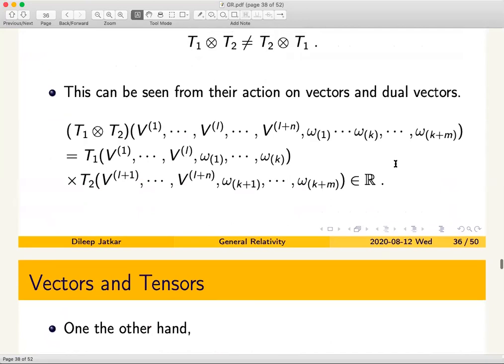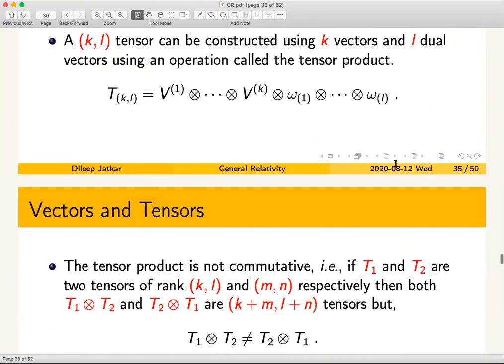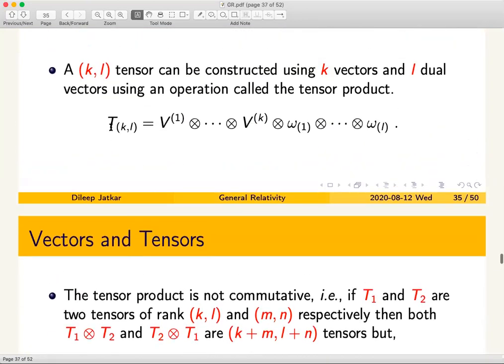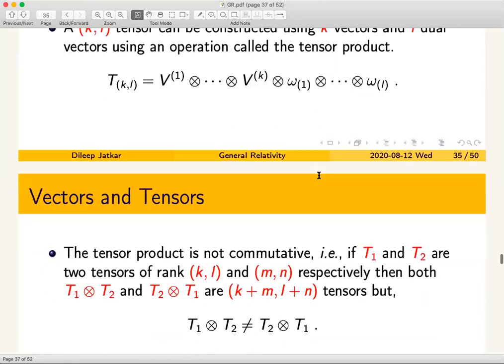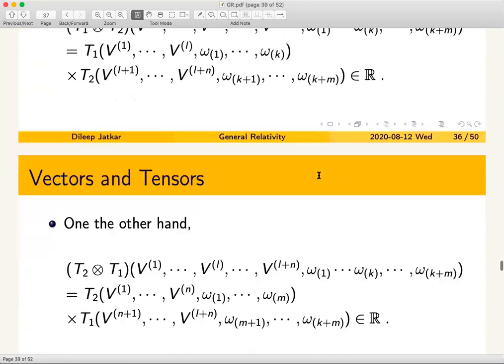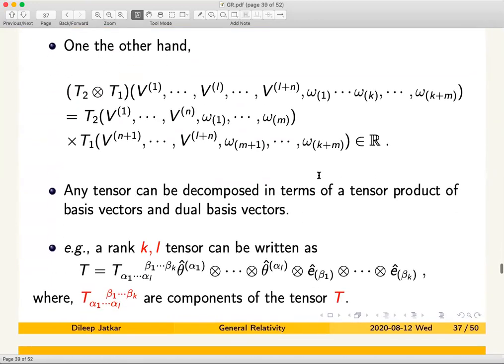Given the fact that a tensor can be decomposed in terms of vectors and dual vectors, we could write down any tensor in terms of tensor products of basis vectors of the vector space and basis vectors of the dual vector space.